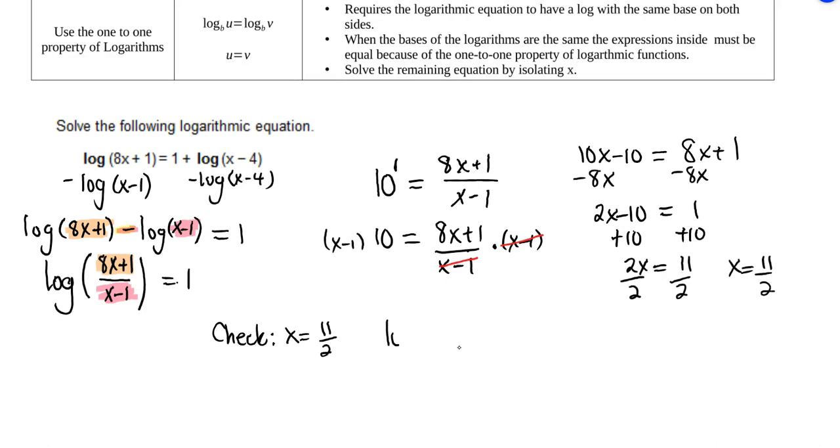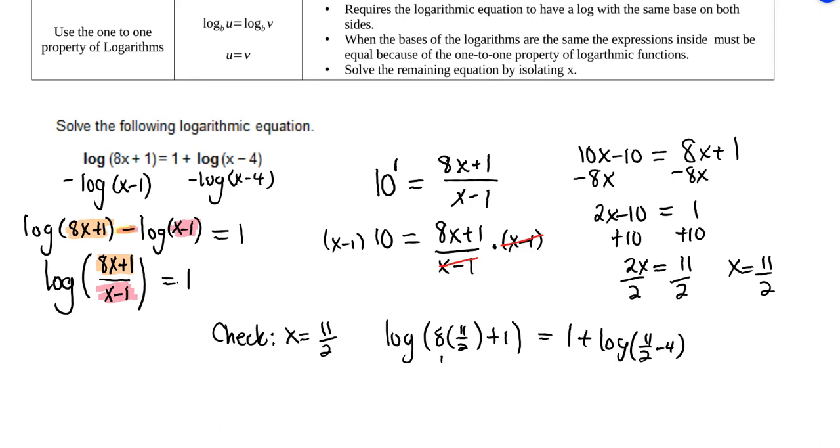In the original, log of 8 times 41 over 2 plus 1 equals 1 plus log of 41 over 2 minus 4. Now what we're checking for is to make sure that we're taking the log of a positive. Log of a negative is undefined and log of 0 is undefined.